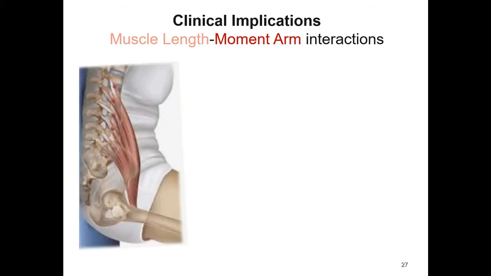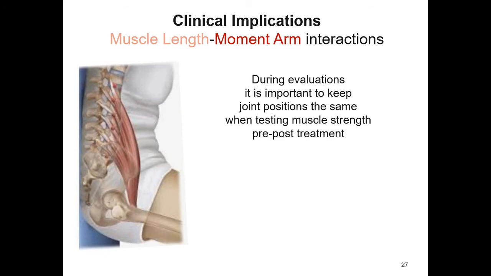There are some basic clinical implications of the interactions between muscle length and muscle moment arm in joint torque generation. During evaluations, it's important to keep joint positions the same when testing muscle strength pre- and post-treatment. Having constant joint positions for both pre- and post-treatment evaluations will control for posture-specific changes in the muscle length and muscle moment arm.